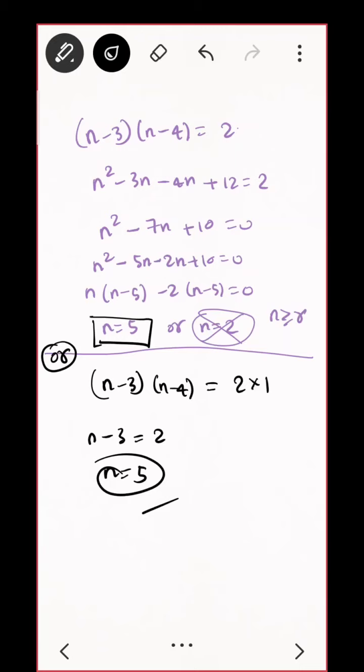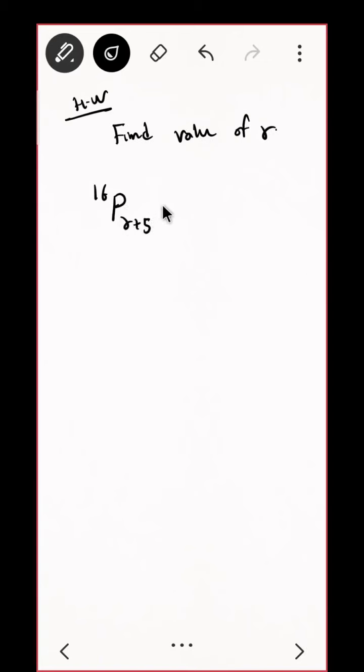Okay, nice. I'll give one homework problem for you, then we'll stop. Try this question. Find the value of r. That is 16Pr plus 5 raised to 14Pr plus 2, that is equal to 480.